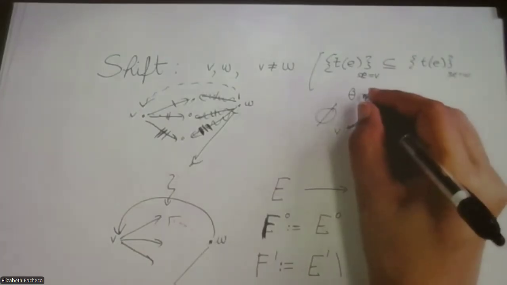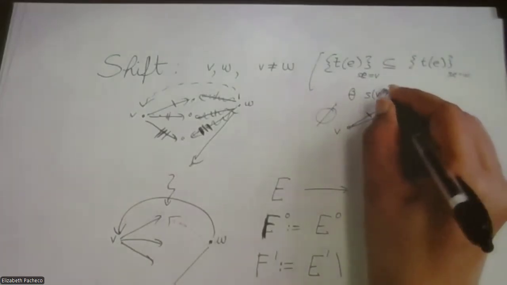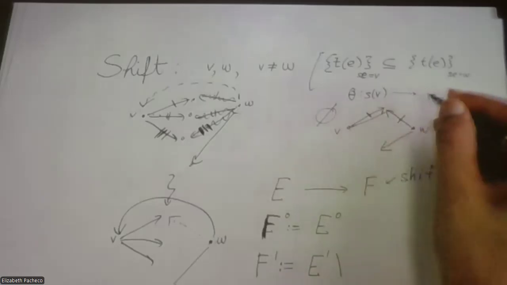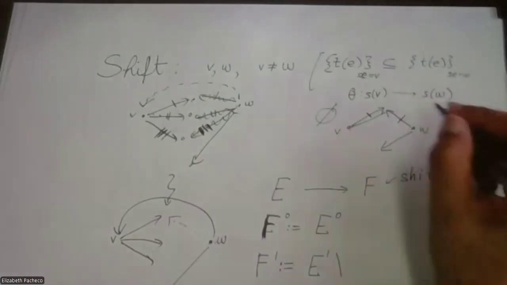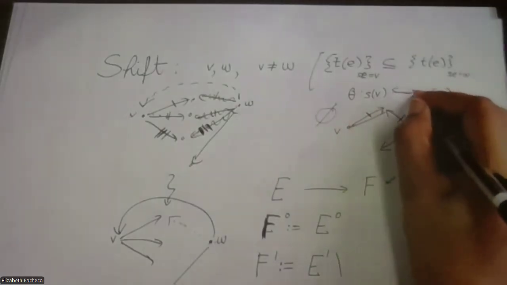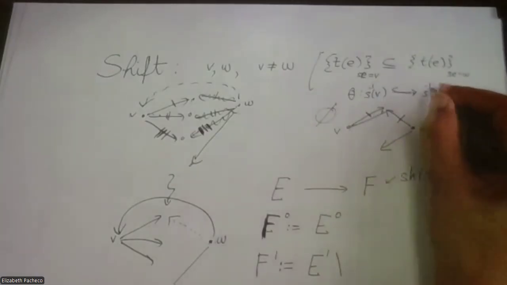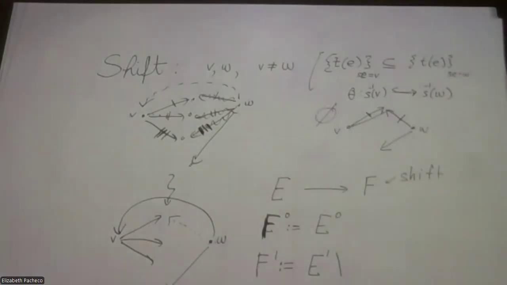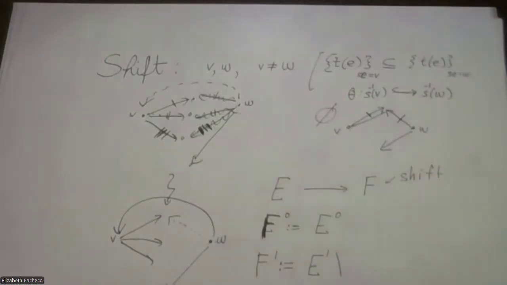Theta goes from the set s^{-1}(V) to the set s^{-1}(W). It goes between these guys in an injective way, not necessarily hitting everything in here, but then you take theta of s^{-1}(W), V, sorry.